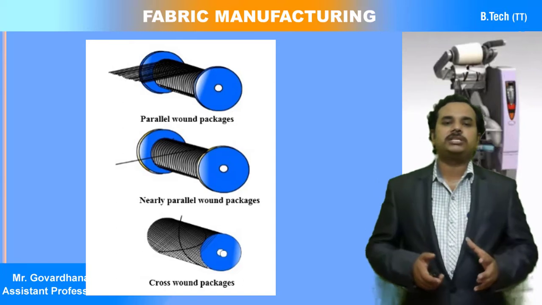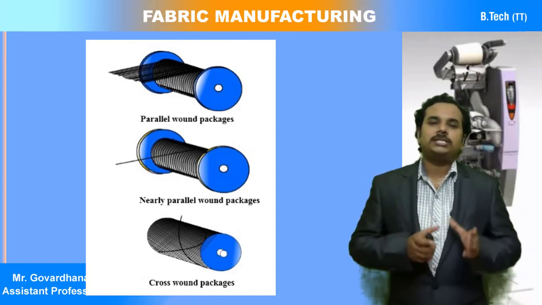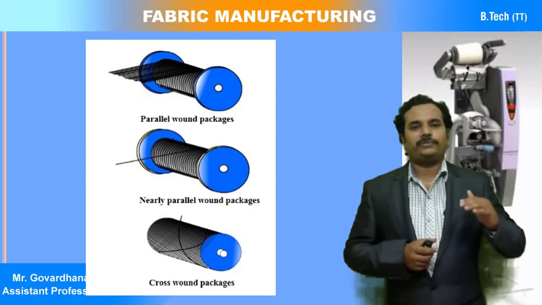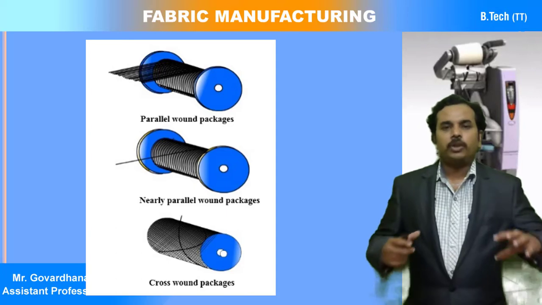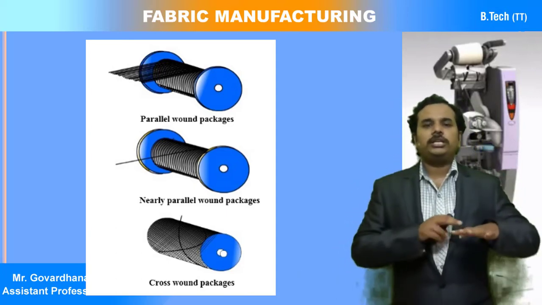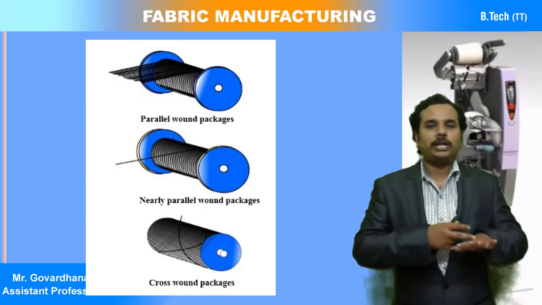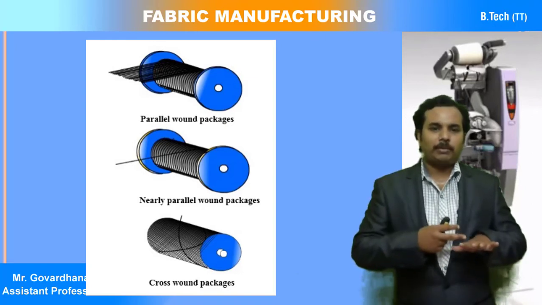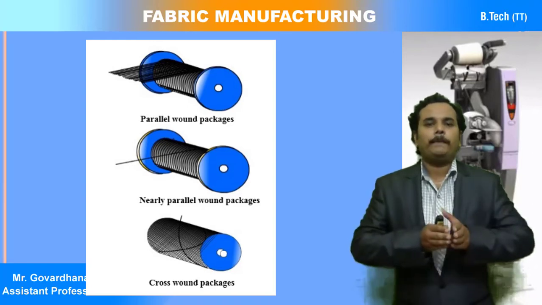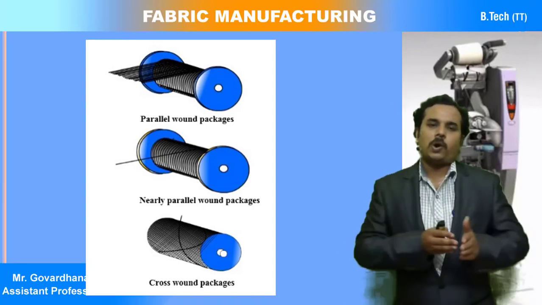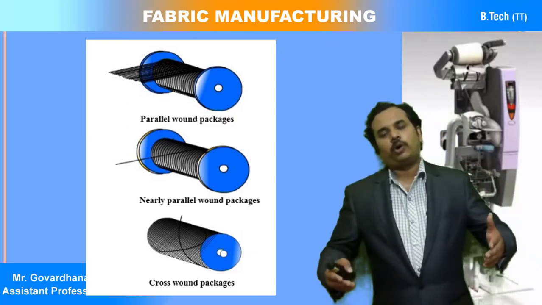The first image is called parallel wound packages. You can see that there are n number of threads which are wound onto a beam or a package, like a sheet. These threads are wound onto a beam uniformly and parallelly. That is called the parallel wound package.